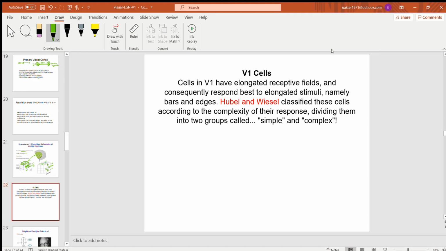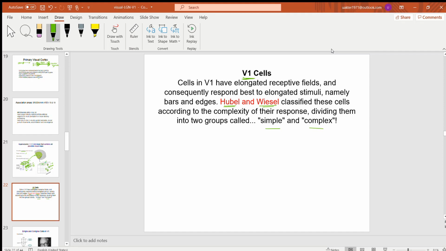Two very famous scientists, Hubel and Wiesel, investigated the V1 specifically a lot, and they found the simple cells and complex cells, the properties of simple and complex cells and their functions. They worked together for many years, and they also worked at WashU medical school, and they won the Nobel Prize mainly based on their work at WashU.